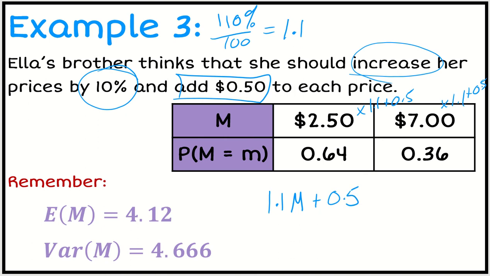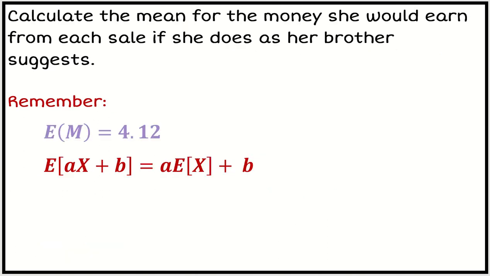This is the linear combination we want to find the mean, variance and standard deviation for. Let's start with finding the mean. There's our formula, we want the expected value of 1.1 M plus 0.5.